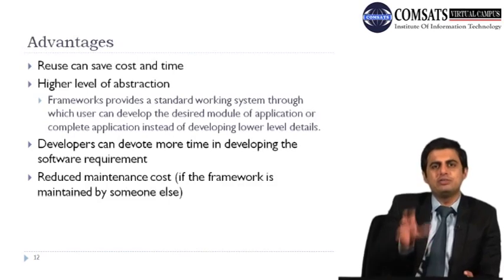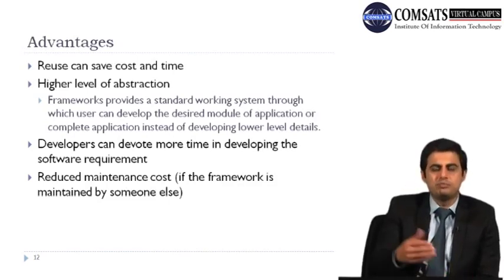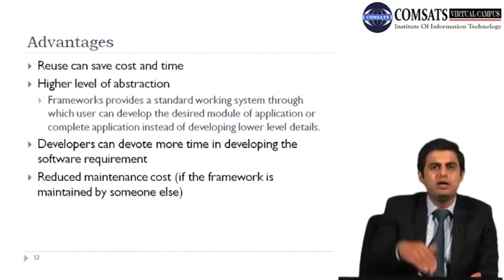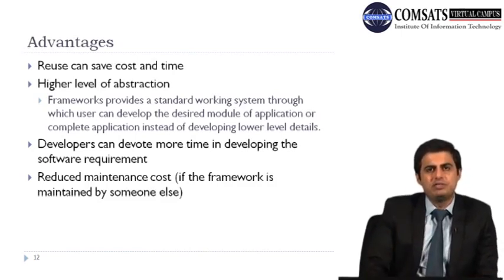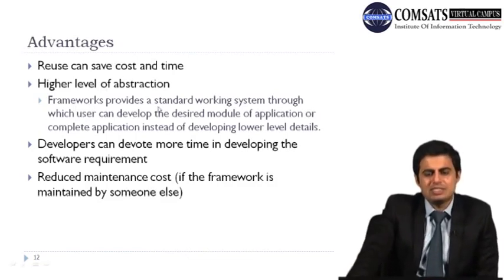You're just calling or importing the GUI code in your program. So basically this is a kind of abstraction, because you're not going into the detail of how those GUI features will be implemented, or how they will be generated during runtime. So frameworks provide a standard working system through which a user can develop the desired module of an application or a complete application instead of developing lower level details.